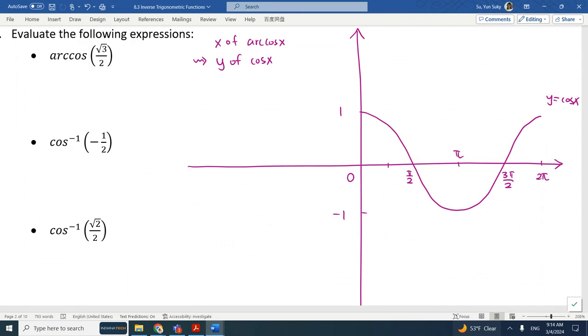And if you divide 0 to pi over 2 into 3 pieces, what is this one? Pi over 6. And how about this point? Pi over 3. Yes, everybody?